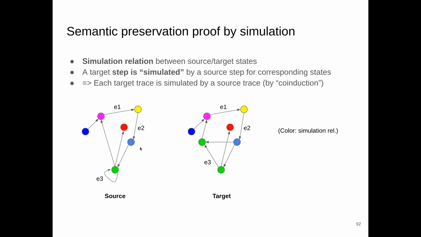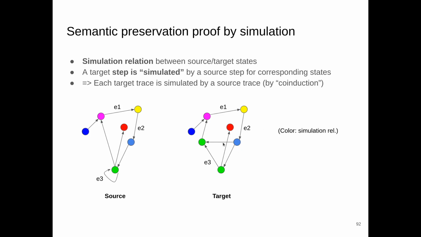And there are many other possible traces as well. And in the target, it also has a very similar trace system as well. So it can go to this, to this, to this, to this, to this, and whose traces have events E1 and E2. And they have the same event traces, actually.